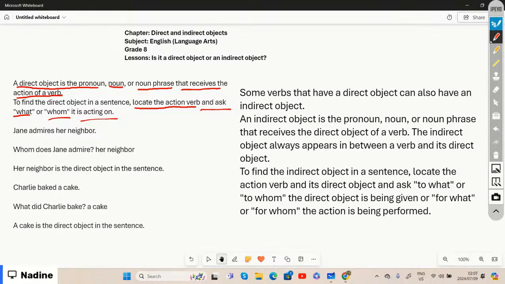So the direct object is either the pronoun, the noun, or the noun phrase that receives the verb.